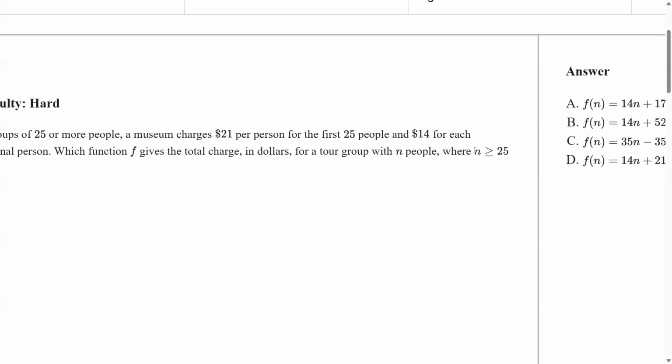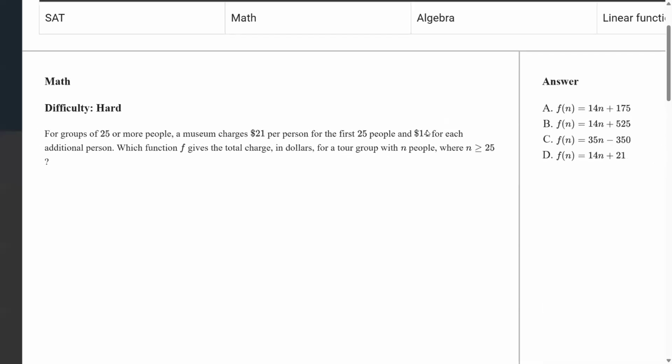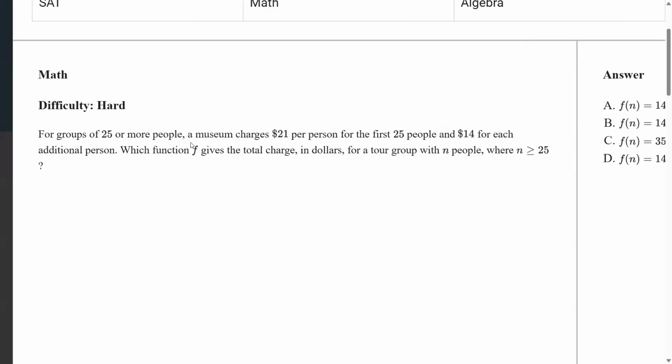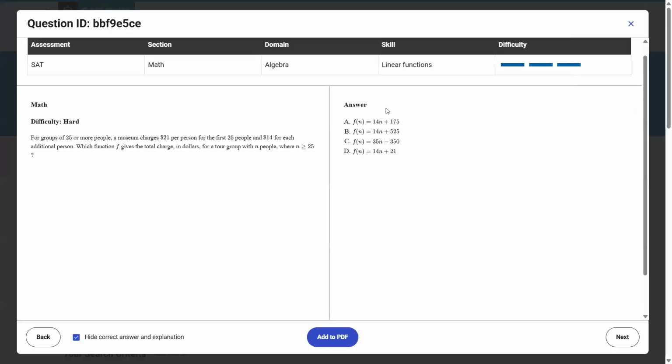It should be if the people is more than 25. So the slope should be $14 plus the 21 times the 25, which gives you 525. This is the initial for the 25 people, plus $14 for each additional one. So the answer should be B.